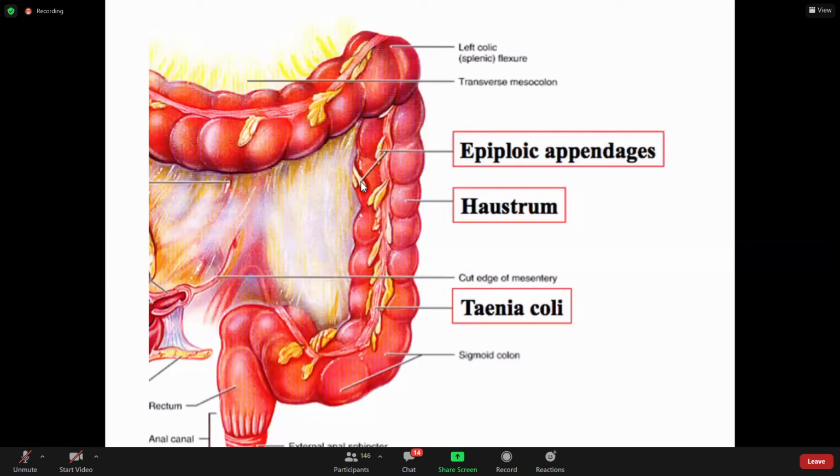Of course, these epiploic appendages are not present on the appendix. In the appendix area they are not present, but otherwise in most of the large intestine, they are present. So this is the visceral peritoneal sac filled with fat.